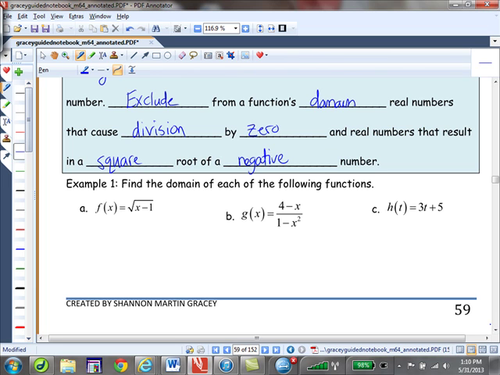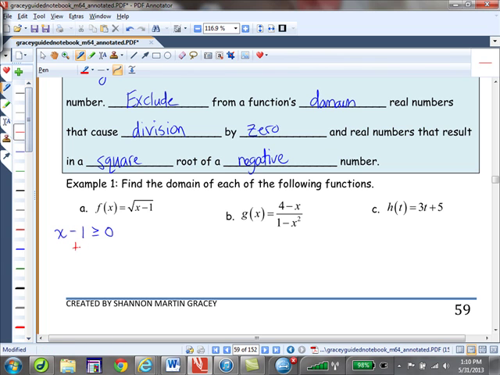Okay, so let's find the domain of each of the following functions. So in this case, we have a square root in part A. So what we want to say is that the radicand, which is the algebraic expression inside the square root, is greater than or equal to 0.